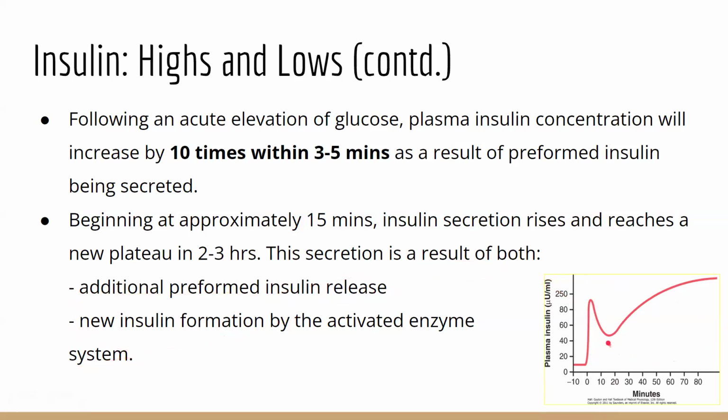The rise to the plateau is because some of the preformed insulin is also being released, and then there's new insulin formation by the activated enzyme system. That new insulin formation would include the pre-prohormone, which is then cleaved to form proinsulin, then you'll have the insulin. That starts at approximately 15 minutes, which is shown right here, and then insulin secretion rises and goes to a plateau.